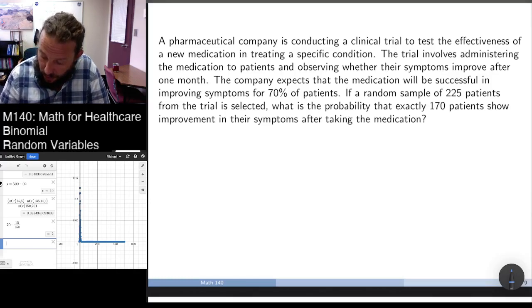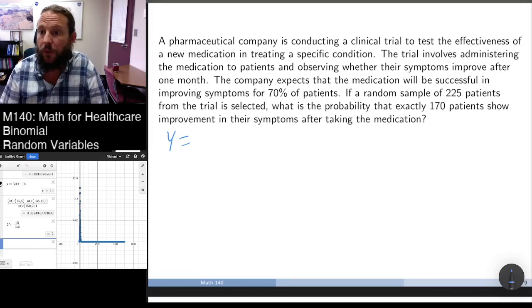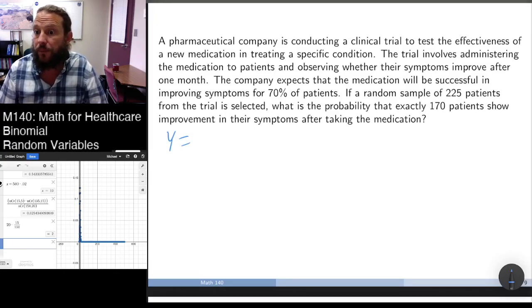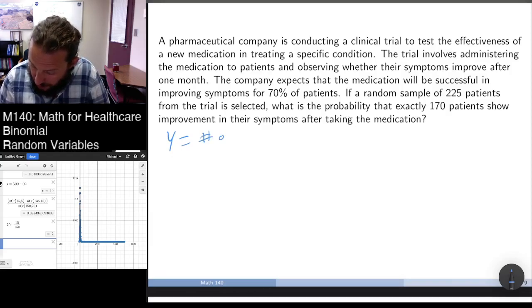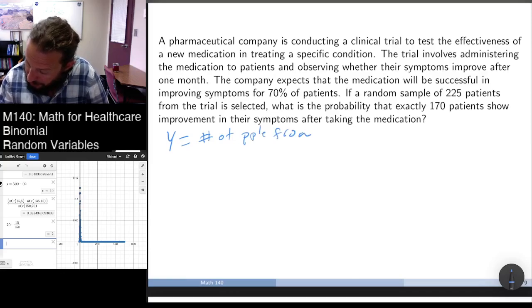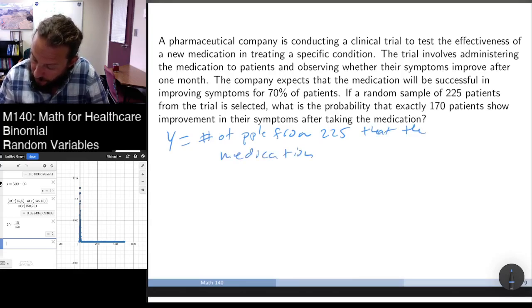First of all, let's define a random variable. What are we talking about? Y equals the number of people from our 225 that the medication is successful in treating symptoms.